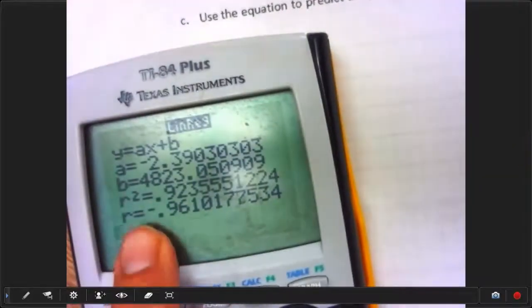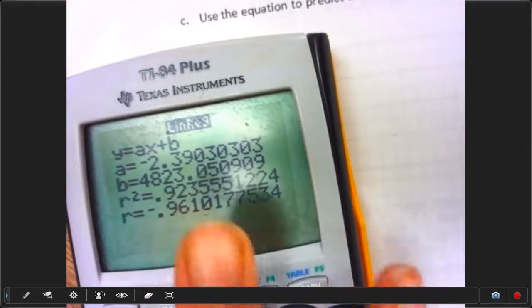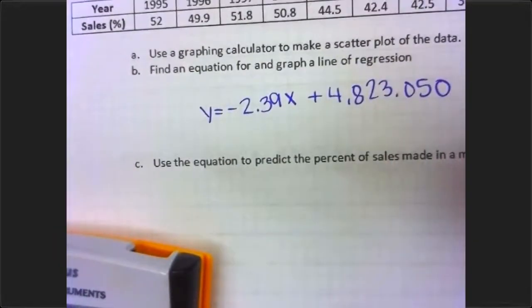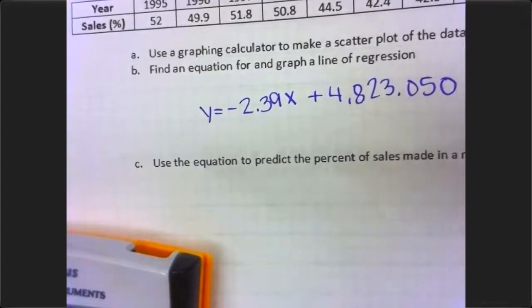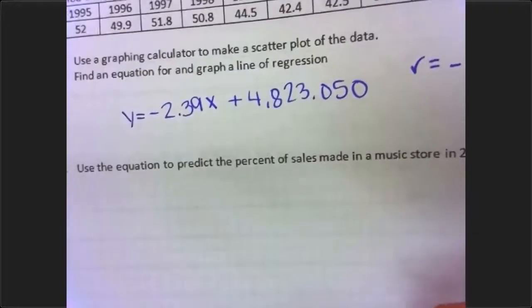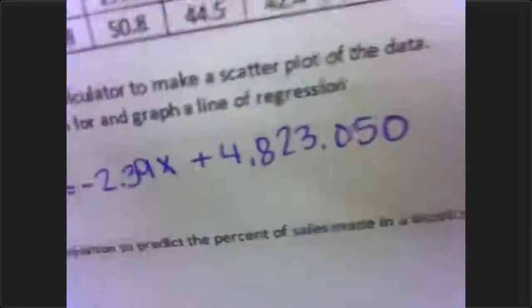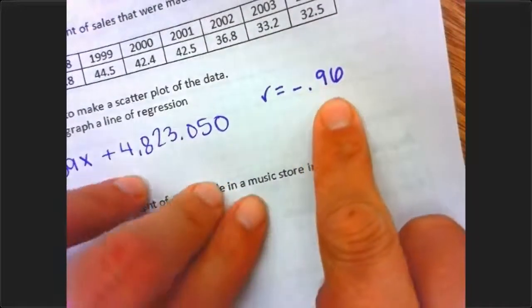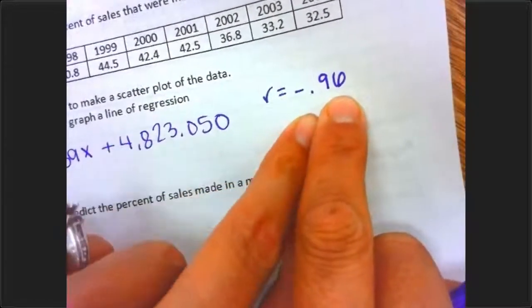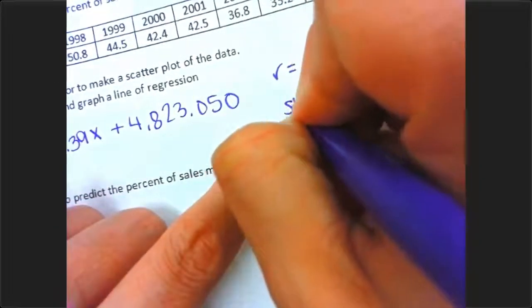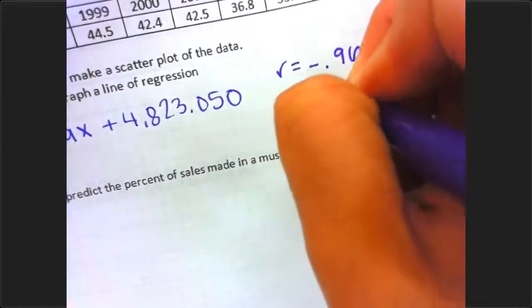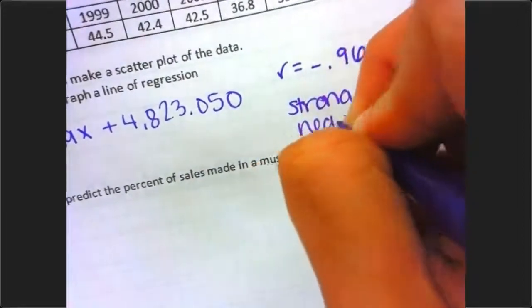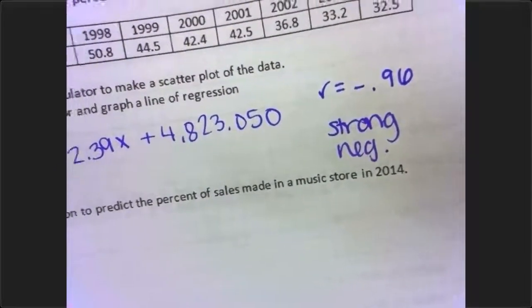And then it says our R value is negative 0.96. Well, the negative tells me that it is a negative correlation. And then the fact that it's close to 1 tells me it is strong. So this data has a strong negative correlation.